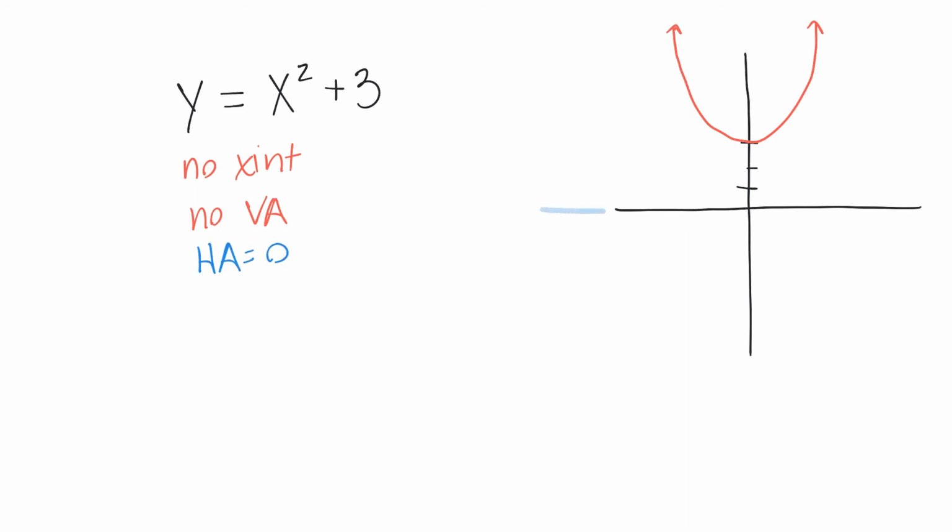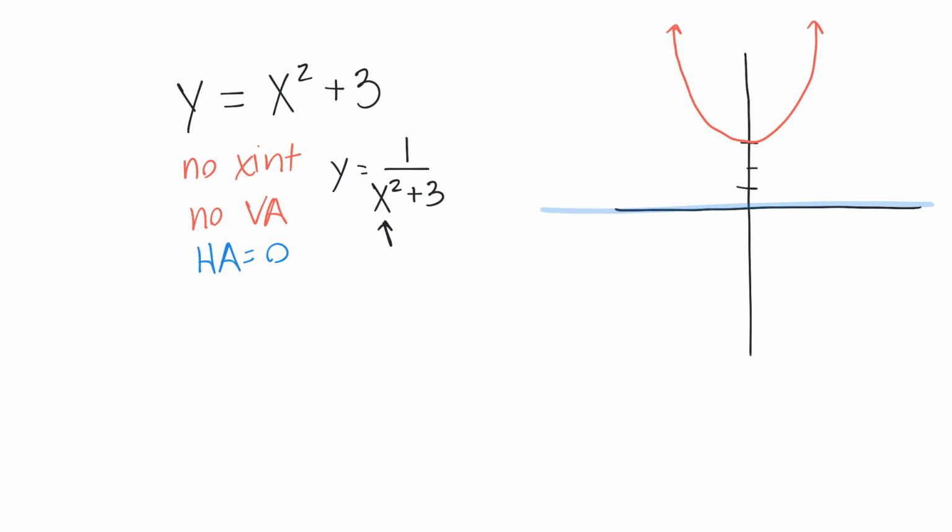That's still there because when I write my reciprocal function, it's 1 over x squared plus 3. And as x gets large, y is still approaching 0. So I still have a horizontal asymptote. There are also no invariant points, which you'll see in a second.